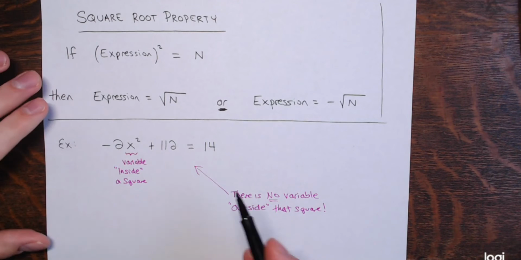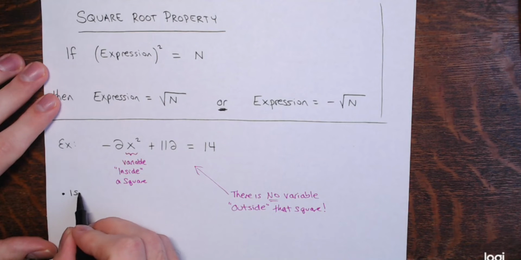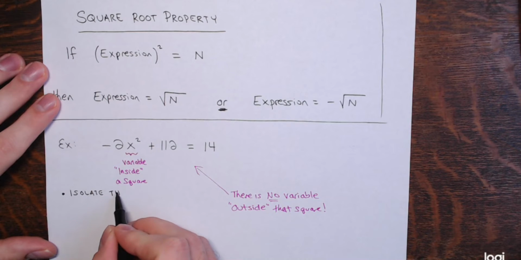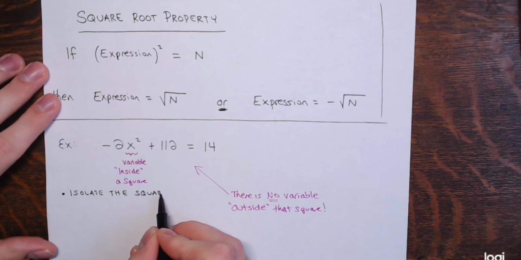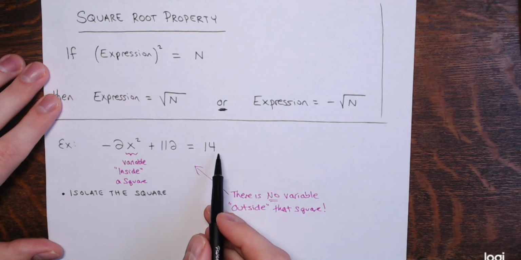So the first thing is to isolate the square. Get that square all by itself. So in this case, I would subtract 112.